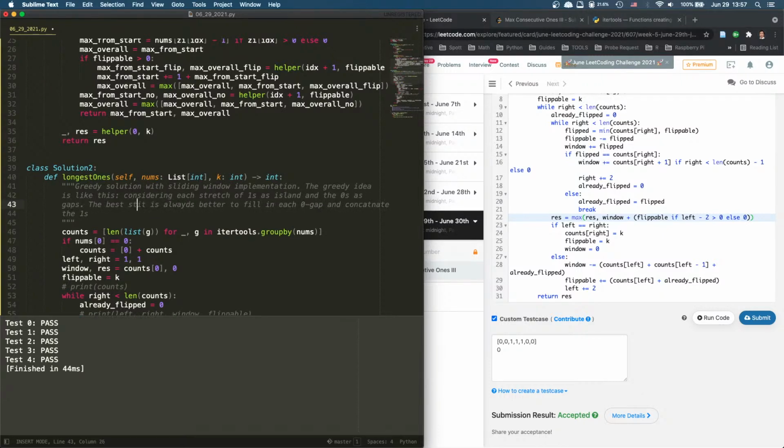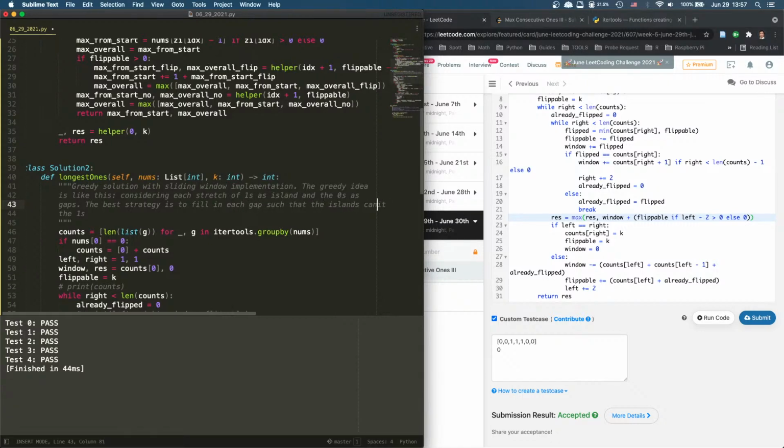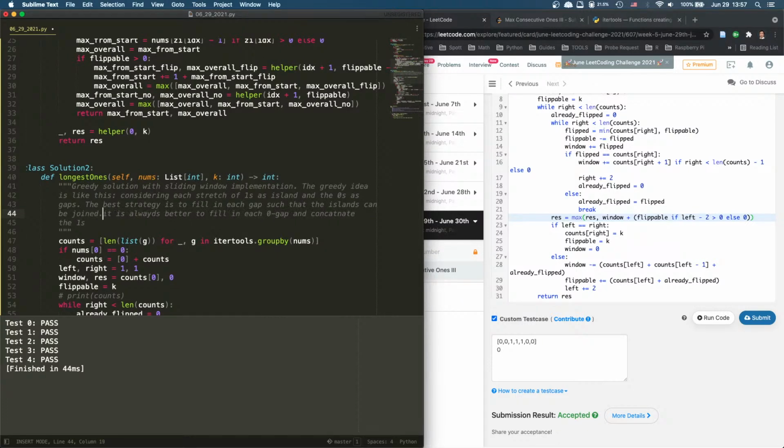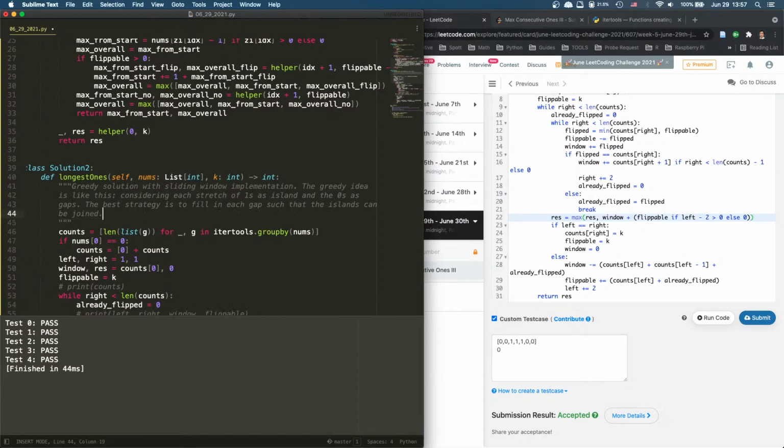The best strategy is to fill in each gap such that the islands can be joined.